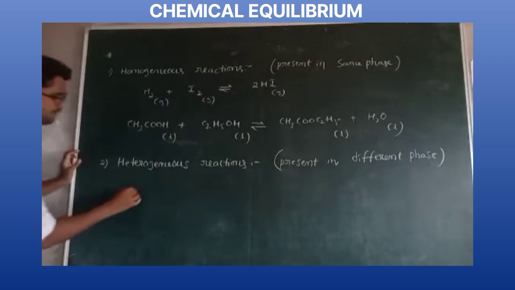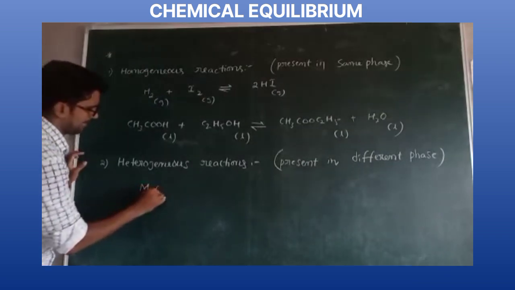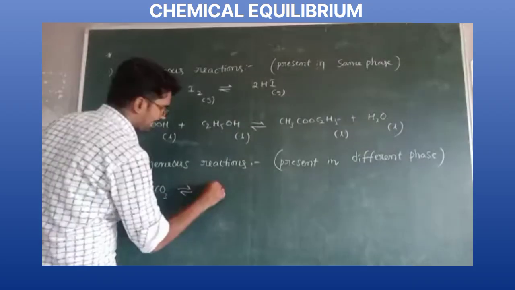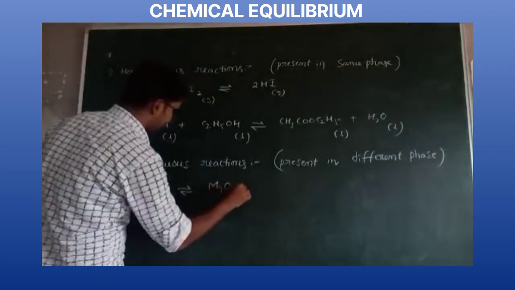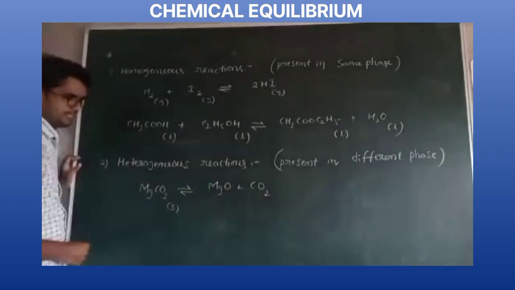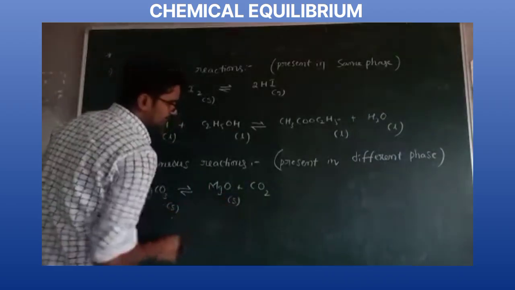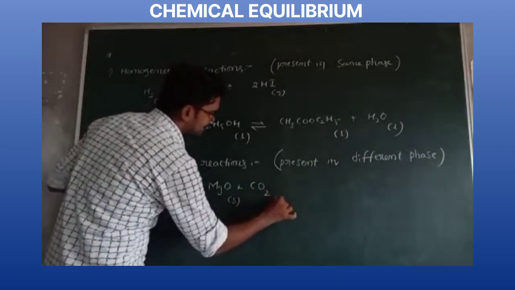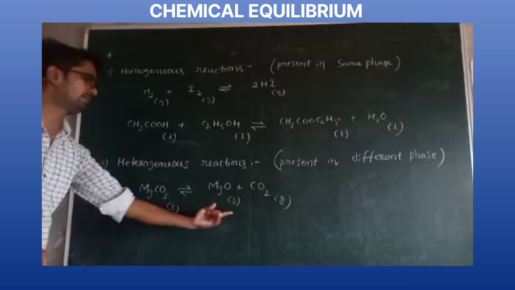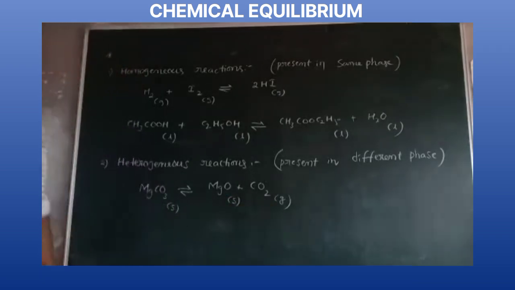Different phase means, for example, MgCO3 gives rise to MgO plus CO2. Magnesium carbonate is present in solid state, magnesium oxide is solid state, but CO2 is gaseous state. Means all the reactants and products are not present in the same phase. Two are solid state, but one is in gaseous state.